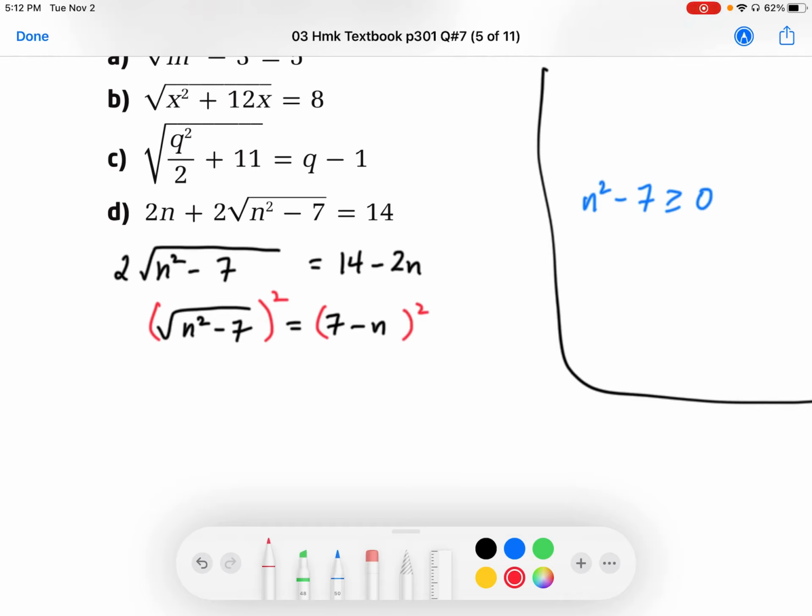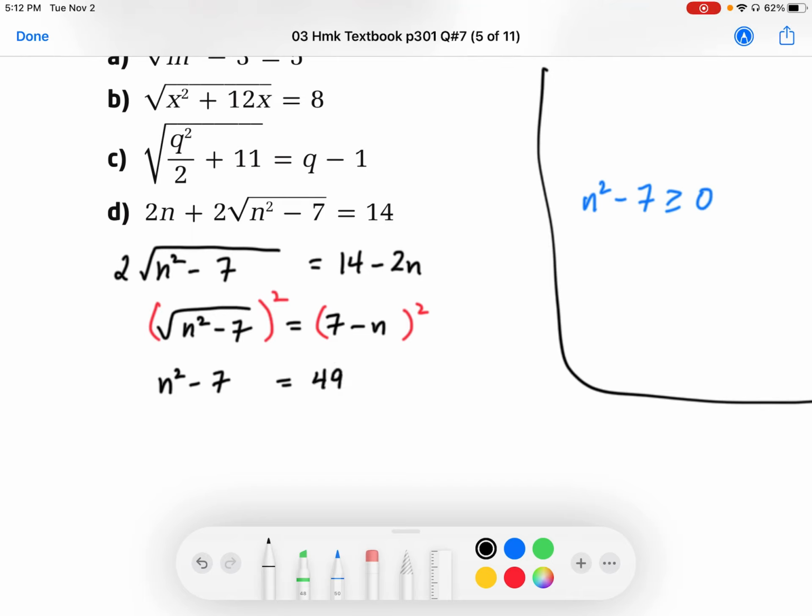We're going to square both sides, and this is where we can introduce extraneous solutions, so we're going to have to check for extraneous solutions. When I do this, the square and square root undo each other. Here I cannot apply the square across that minus, so I have to expand this with multiplication.